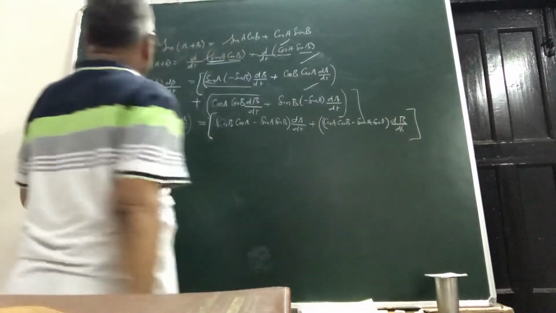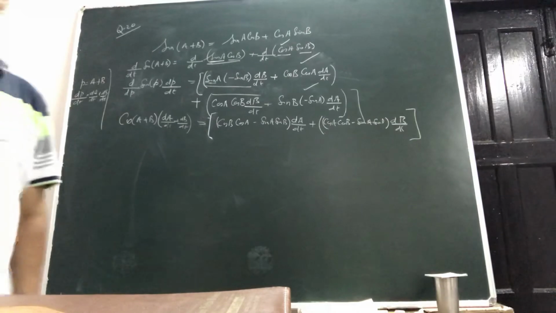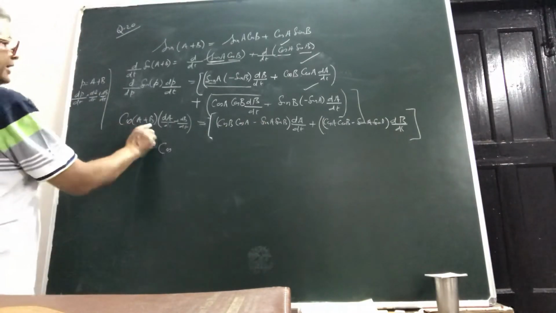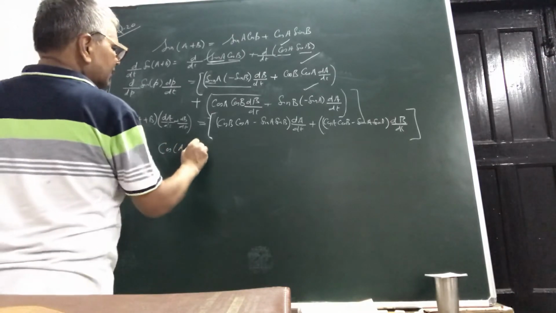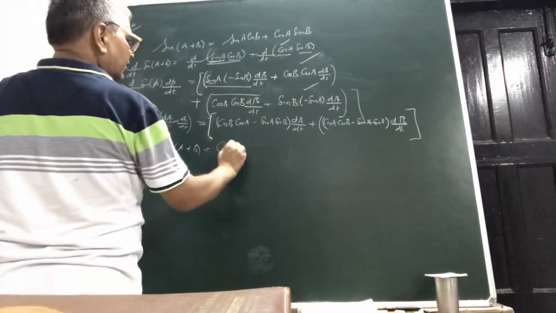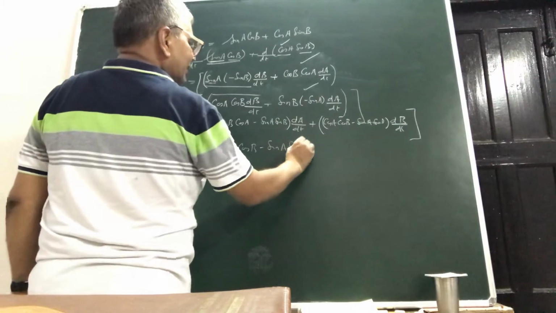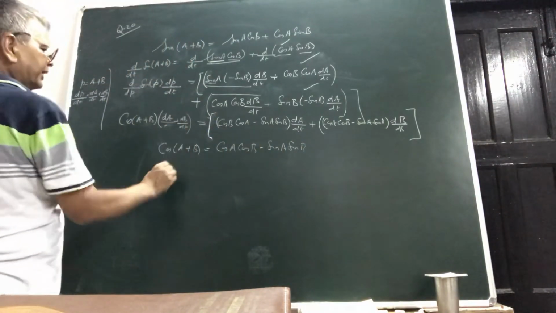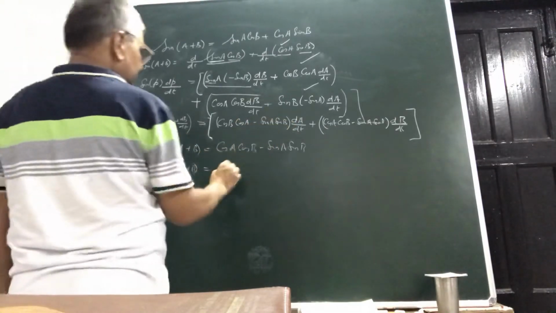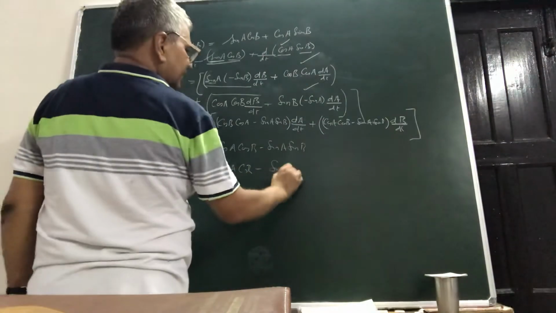Now, equating the coefficients of dA by dt and dB by dt on both sides: the coefficient of dA by dt on the left is cos (A plus B), and on the right it is cos A cos B minus sin A sin B. Likewise, the coefficient of dB by dt is cos (A plus B), which equals the same thing, cos A cos B minus sin A sin B. So you get the same thing both ways.